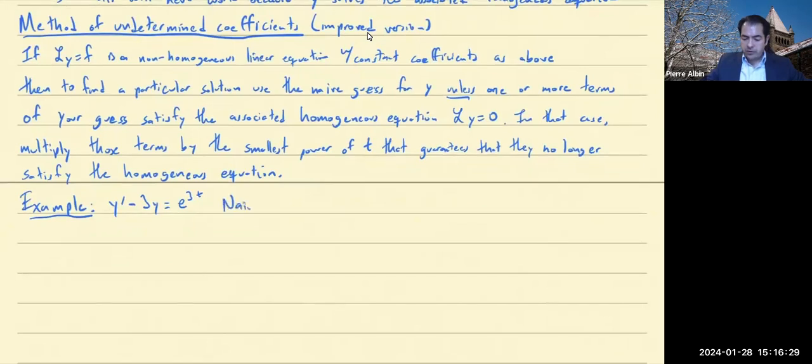So our naive guess, y tilde of t equals a times e to the 3t, didn't work because this satisfies the homogeneous equation. So if you plug this into the left-hand side, you get 0. And now we have our improved guess. Our improved guess is just take our naive guess and multiply it by t.